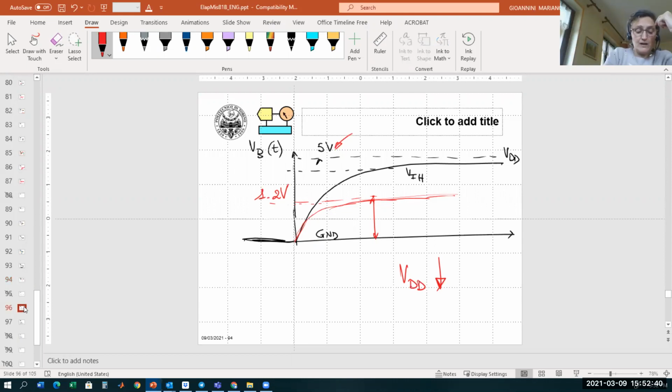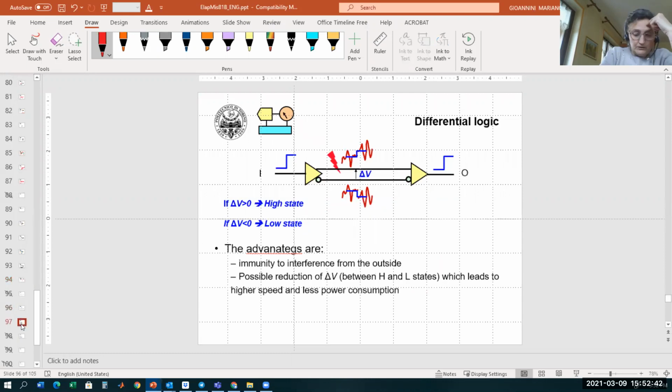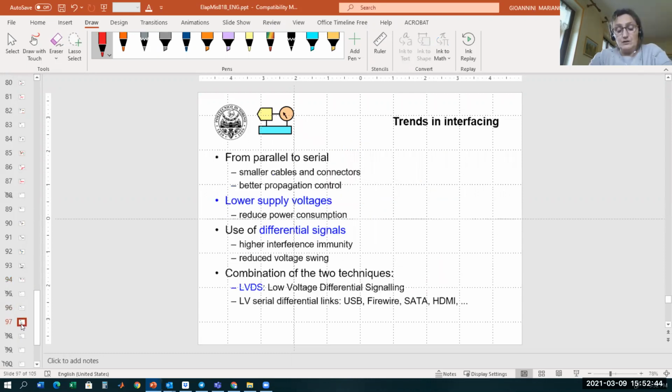So which are the trends in the technology as reported here? First of all, to make a circuit faster, you need to reduce all the parasitic effects. So reduce the connectors, which means serial communication with respect to parallel communication.